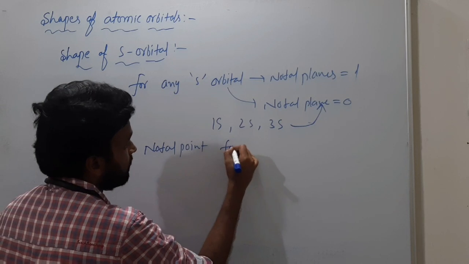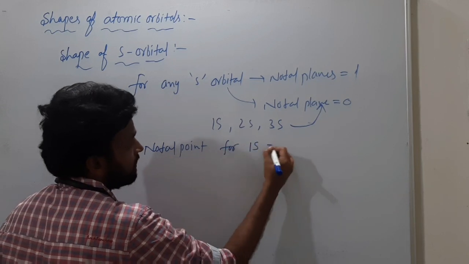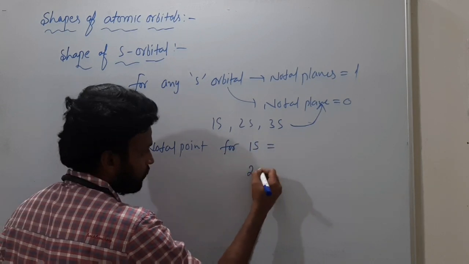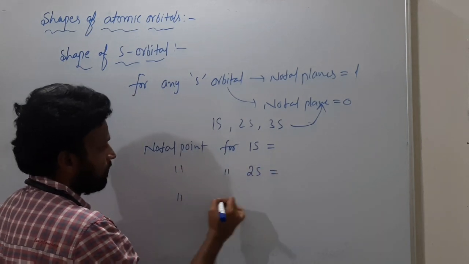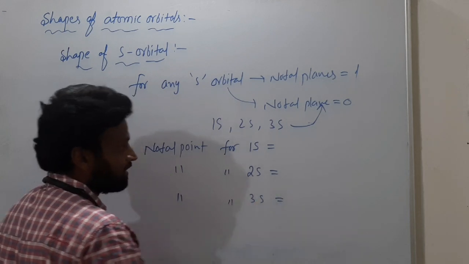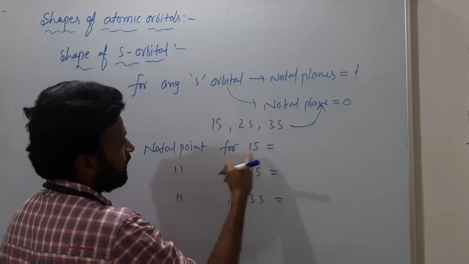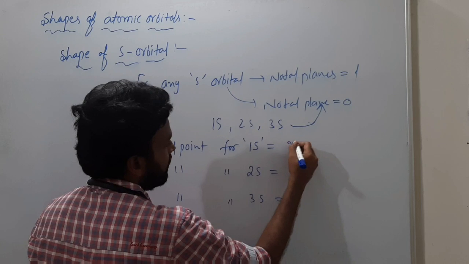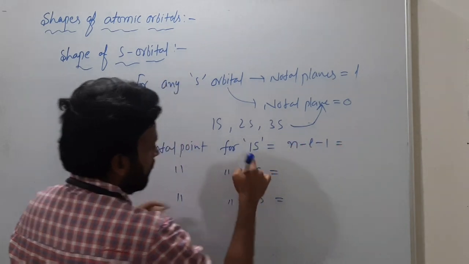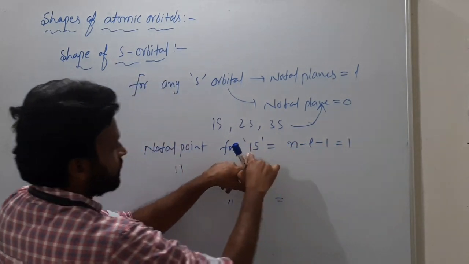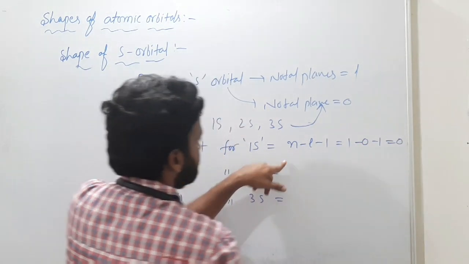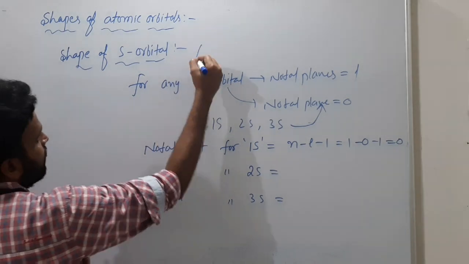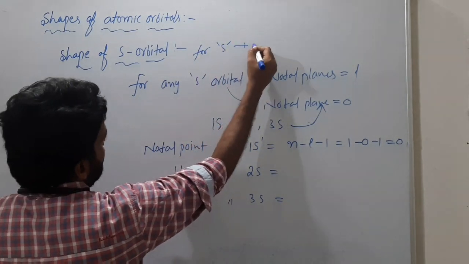They must give it clearly, like nodal points for 1s, 2s, or 3s. Nodal points for 1s: n minus l minus 1, n is 1, l is 0, minus 1, so 0. Because for s, l is 0.